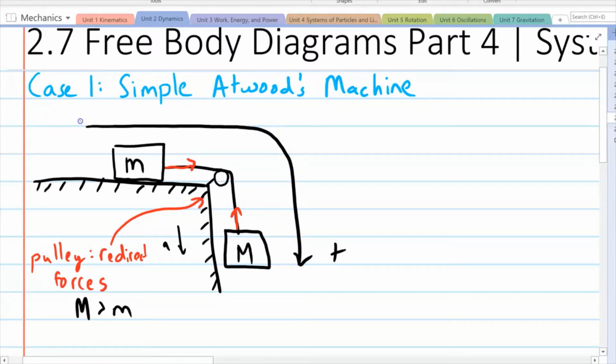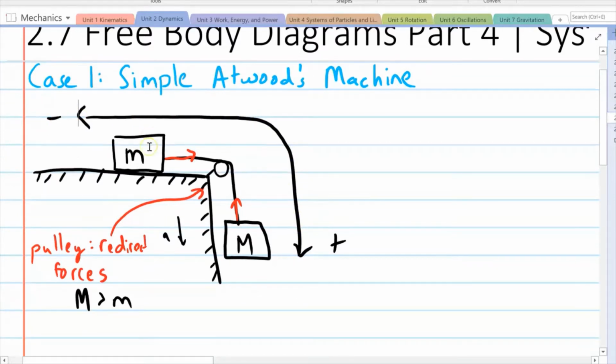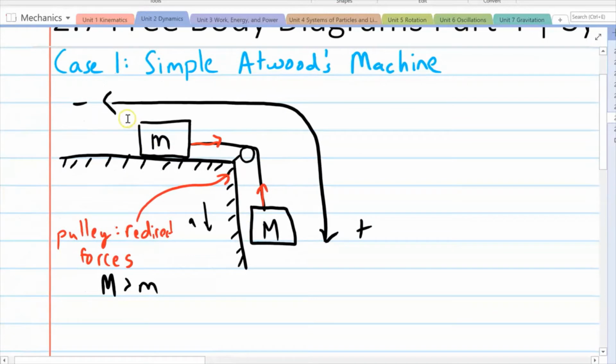I want this way to be positive and this way to be negative. So let's look at any force that happens along this direction. We don't really care about the other ones, like this one here and this one here, because they're not really involved with the motion anyway. So we're just going to be focusing on the things that happen along this line. This is the key part, I would say.